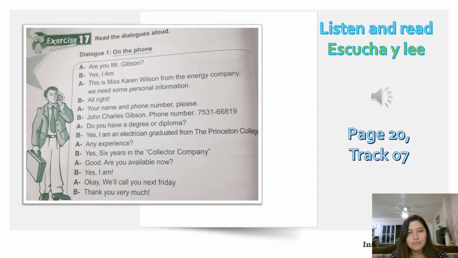Do you have a degree or diploma? Yes, I am an electrician graduated from the Princeton College. Any experience? Yes, 6 years in the collector company. Good. Are you available now? Yes, I am. Okay, we'll call you next Friday. Thank you very much.